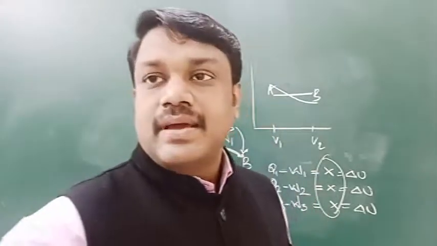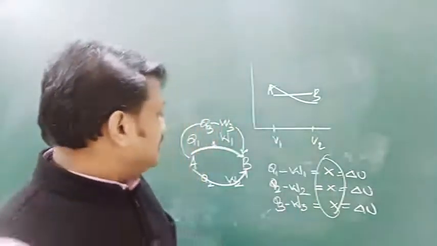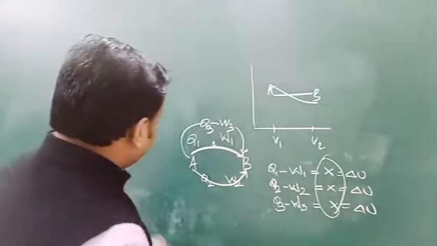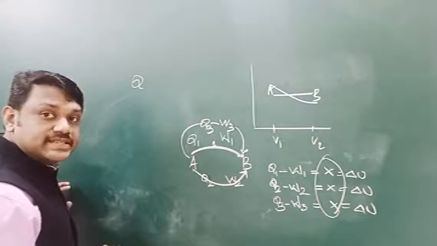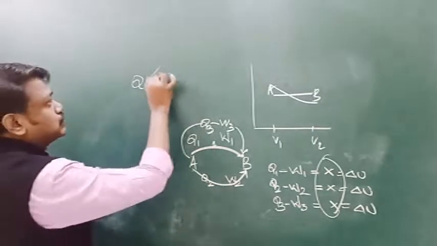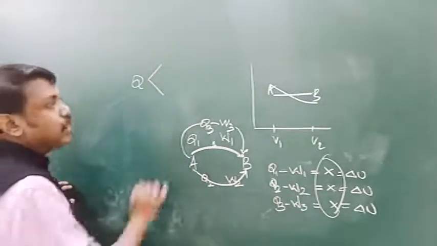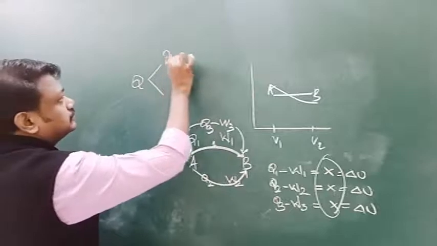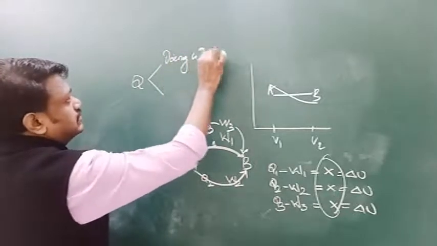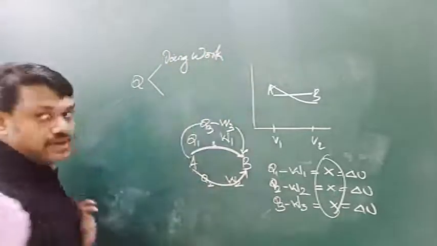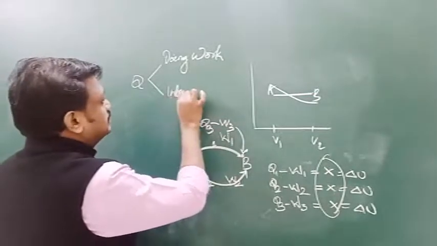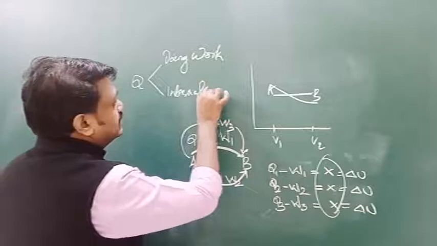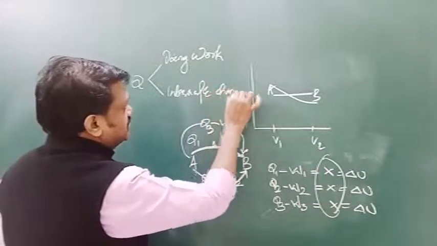And we can say that when you are supplying Q amount of heat into a system, it is used for two purposes. A part of it is used for doing work, and the other part is used for internal energy change.